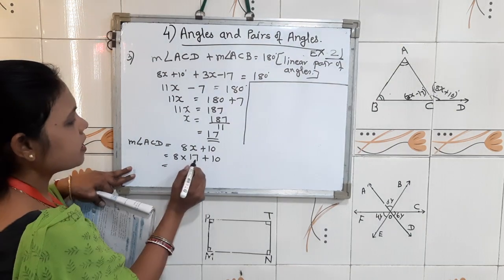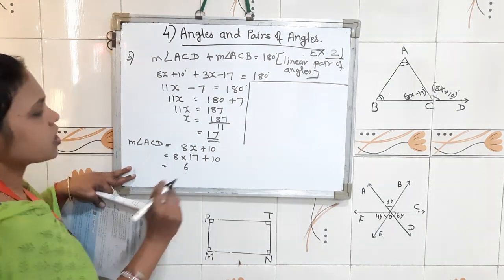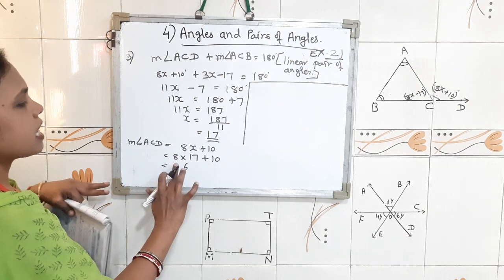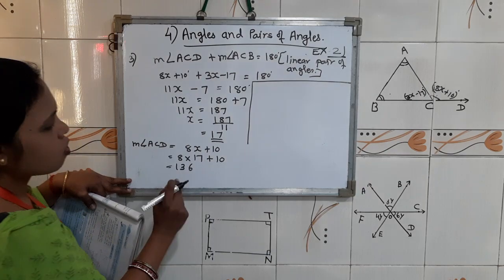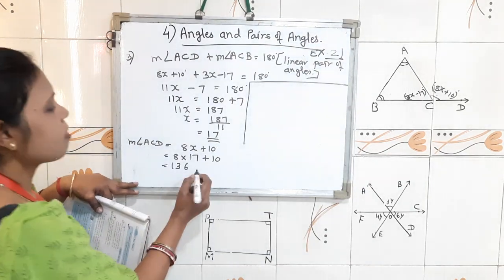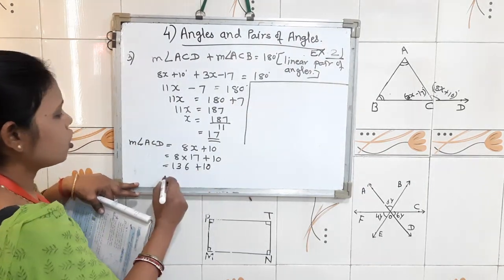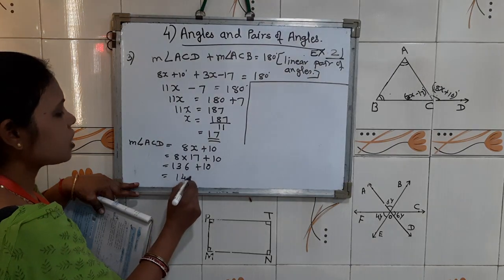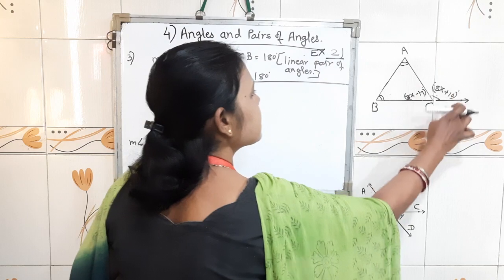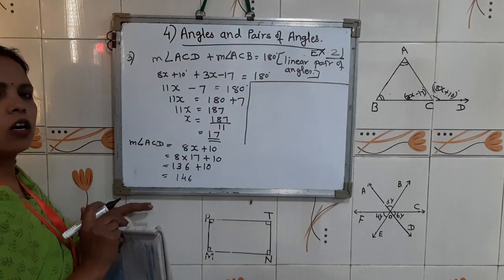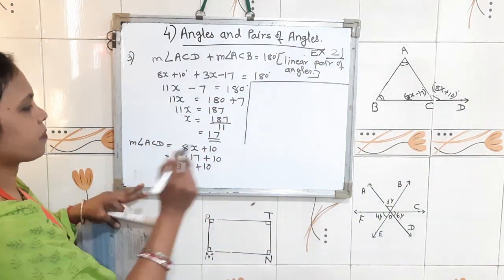Then 8 7s are 56. Then 8 1s are 8, 9, 10, 13. 136 plus 10 equal to 146. Measurement of angle ACD equal to 146.